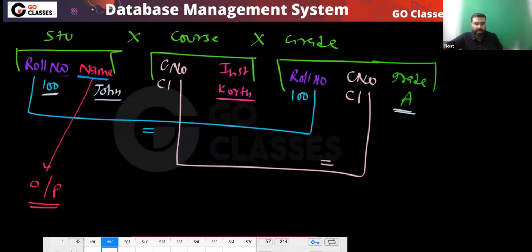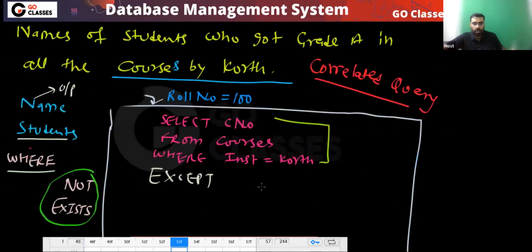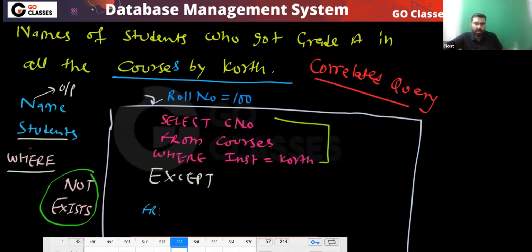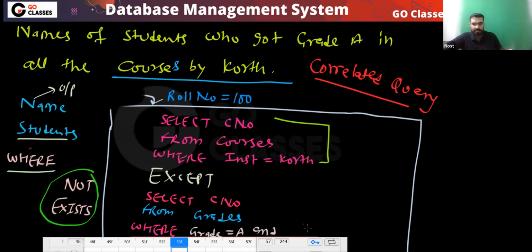So what should happen? I want those courses in which roll number 100 got a grade A. So from the grades table, I want to select the course number, where the condition is that the grade must be A, and this roll number that I am supplying should be equal to that.